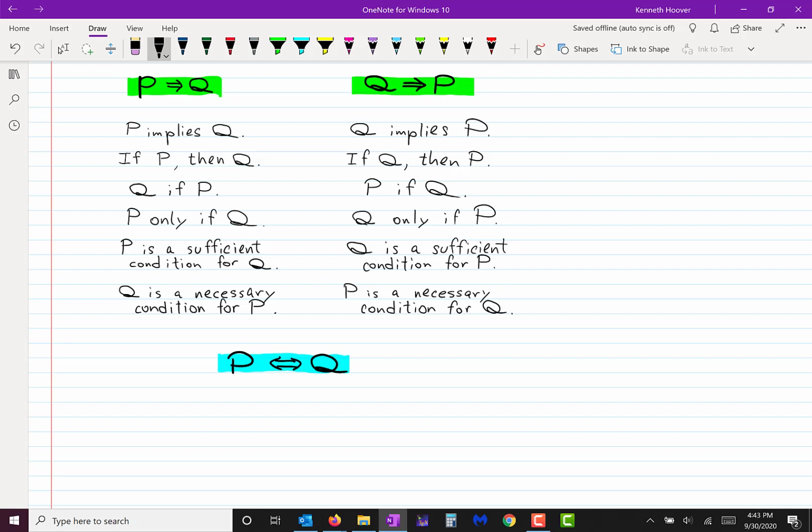Or P implies Q and Q implies P, because that's literally what it means.